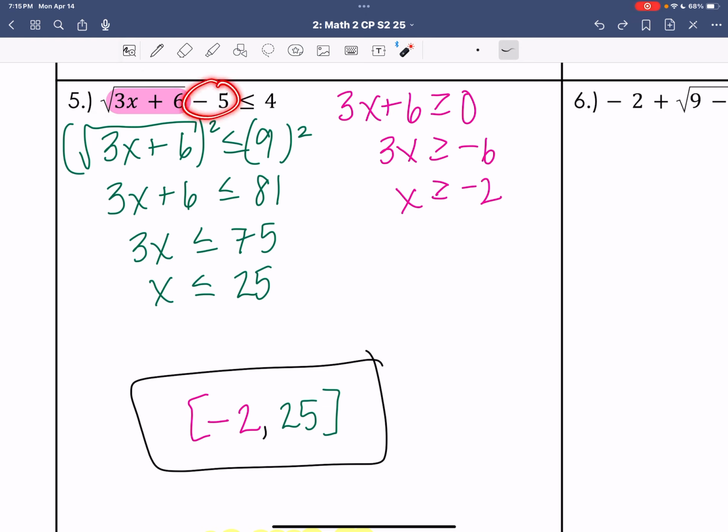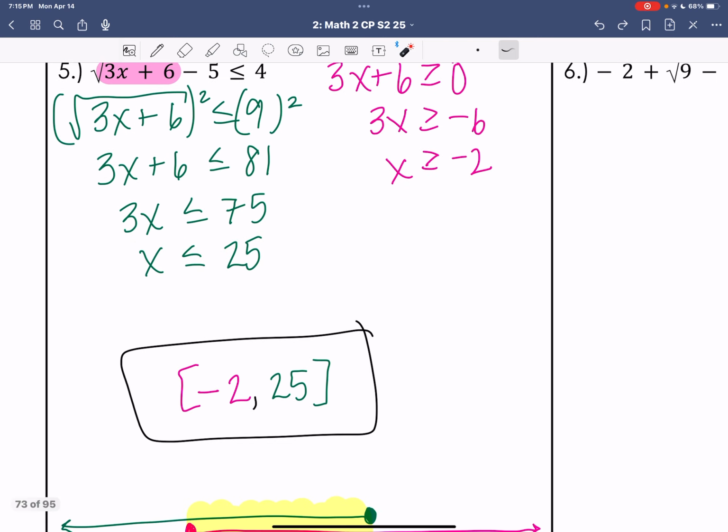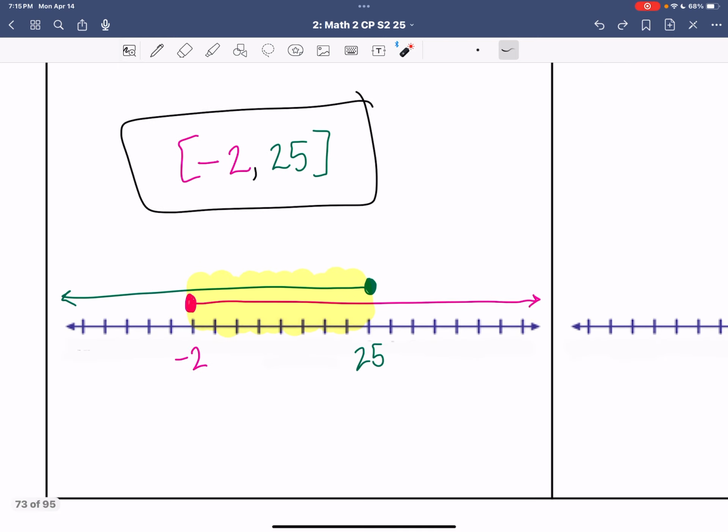You're going to add 5 to the other side, and then we're going to square everything. So you get 3x plus 6 is less than or equal to 81. Subtract the 6, divide by 3, and then you have x is less than or equal to 25. Since this is that, it's going to be closed.